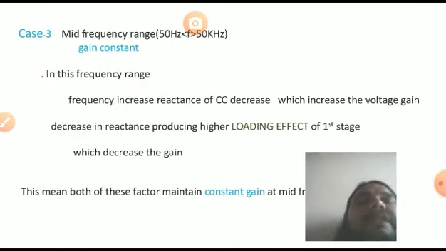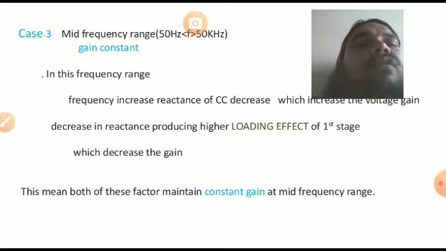Case 3: mid frequency range, between 50 Hz and 50 kilohertz. The gain is constant. In this frequency range, as the frequency increases, the reactance of CC decreases, which increases the voltage gain.